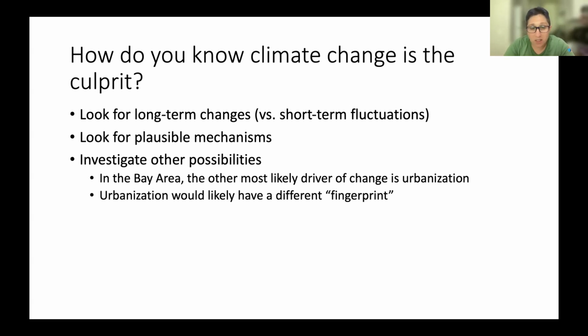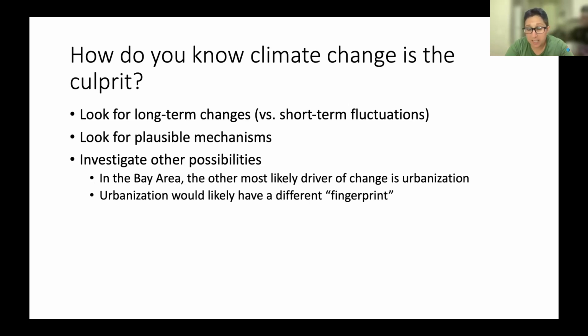So one important thing to do is to look for long-term changes. Anything in the wild, in ecology, in biology tends to have short-term fluctuations. It's just normal. Populations go up and down. The longer term the change is, the more you can say it seems like it's being driven by this other thing that is a long-term change.